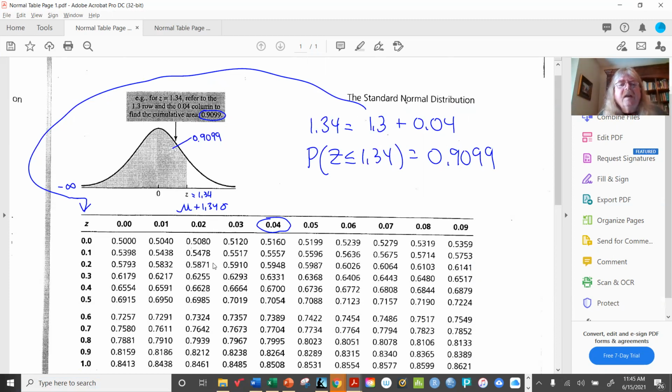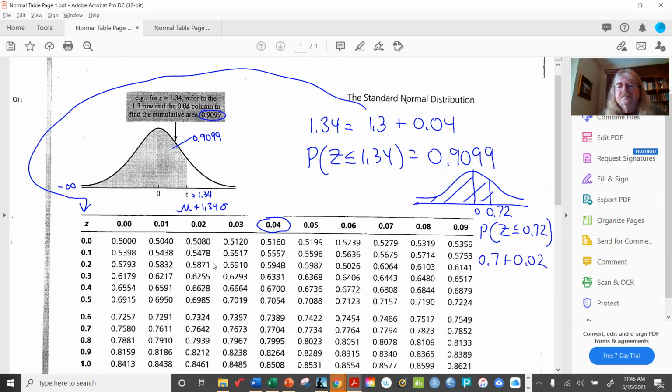So just to pick another one at random, and don't forget zero is in the center. What if I'm looking for, I don't know, 0.72? How do I figure that out? Well, once again, the trick is that you have 0.7 plus 0.02.